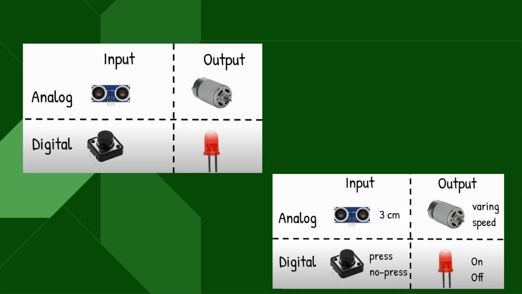Looking at a quick little chart, here's an ultrasonic sensor. Is that an input or output device? It's an input device, and it's an analog device because it's giving us a range of data. It's reading 3 centimeters right now. We'll get into this a little bit more.